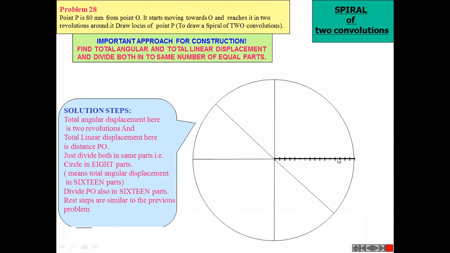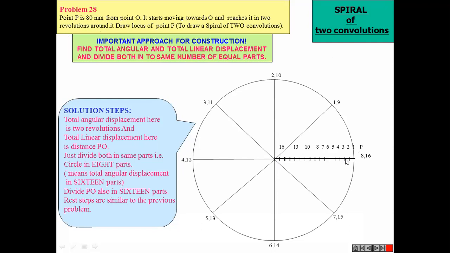So this linear distance is 80 mm, and we have two convolutions. So 360 into 3 plus 360, that is 720 degree, and 80 mm we have to divide. So we will divide it into 16 parts each. This circle also in 16 parts, like this.